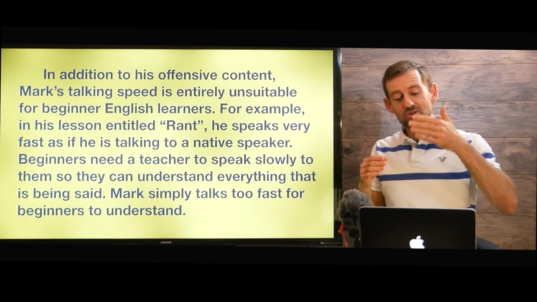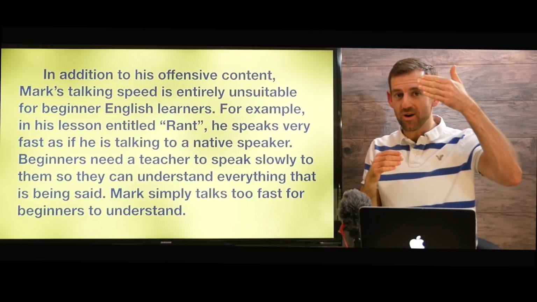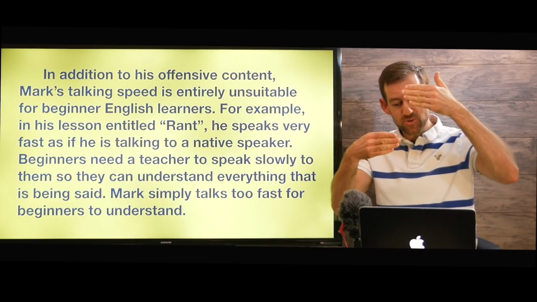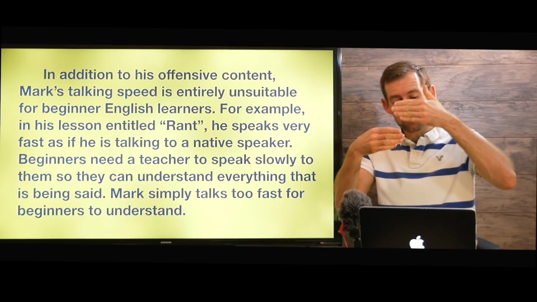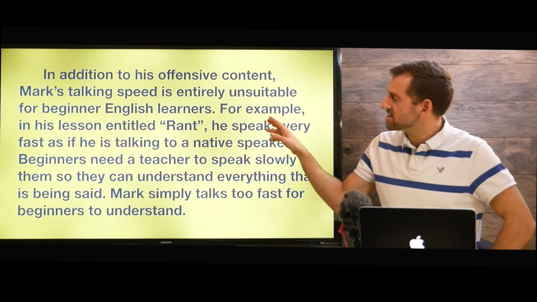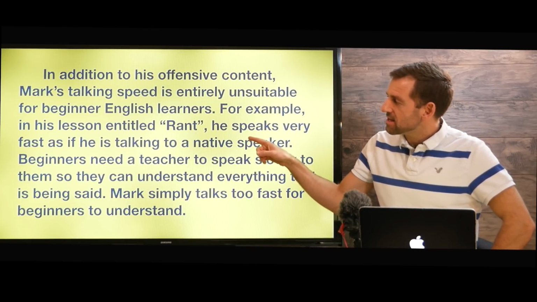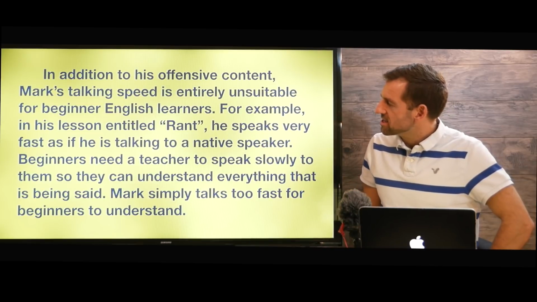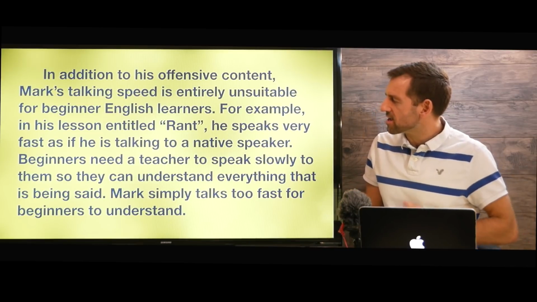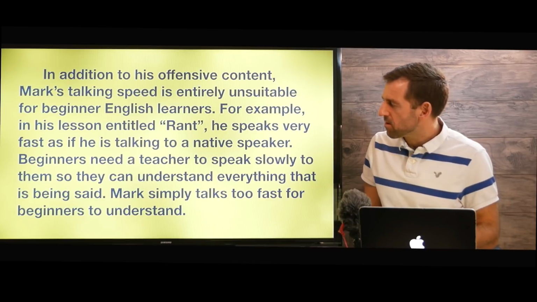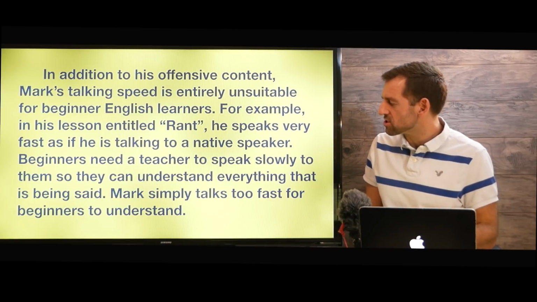In addition to his offensive content, which is the first point, Mark's talking speed is entirely unsuitable for beginner learners. Good, and then here we have our example. For example, in his lesson entitled Rant, he speaks very fast as if he's talking to a native speaker. Beginners need a teacher to speak slowly to them so they can understand everything that is being said.